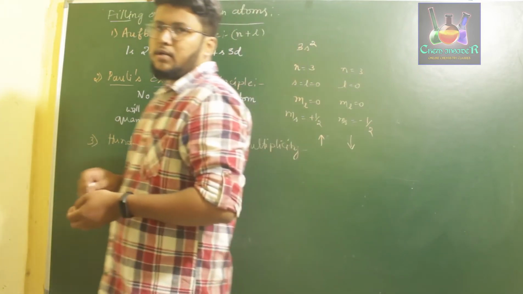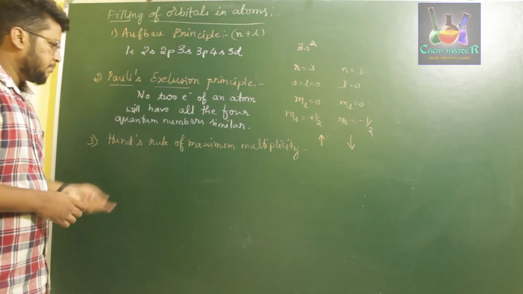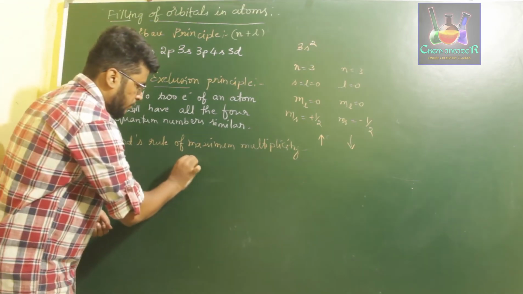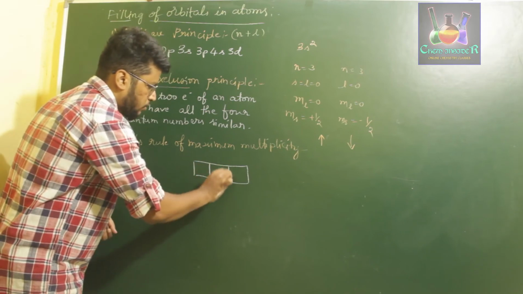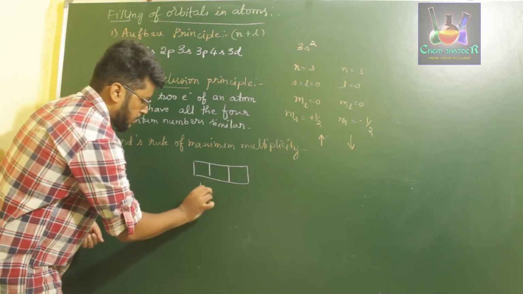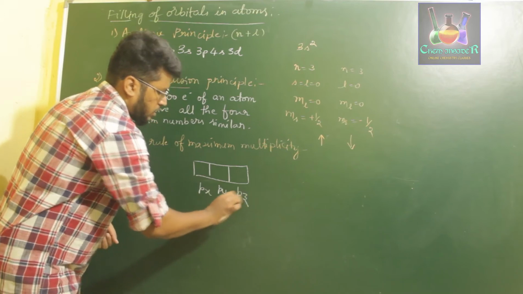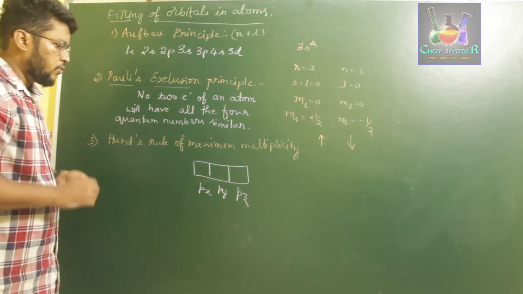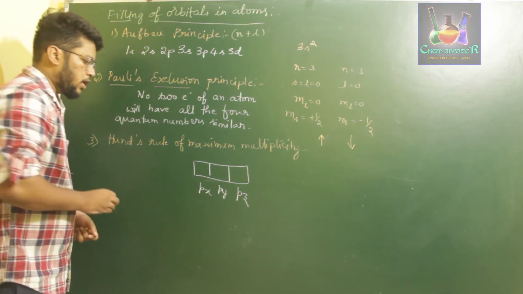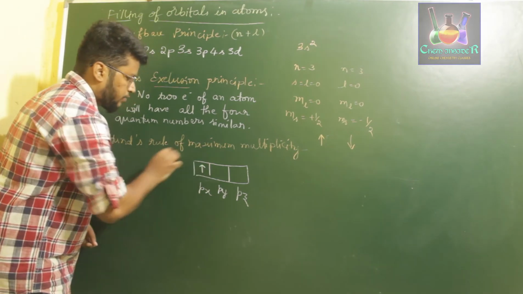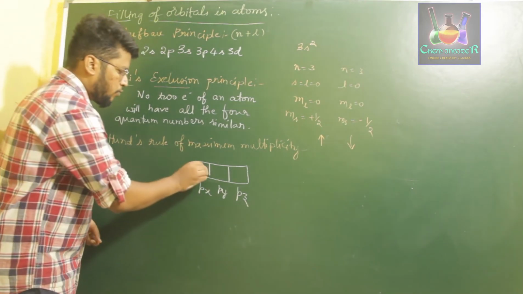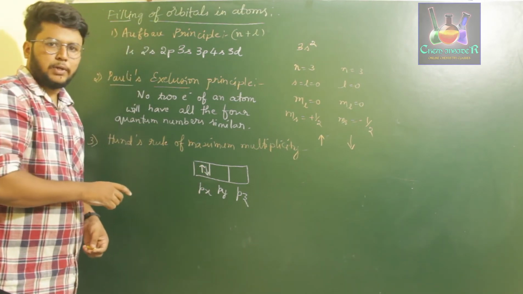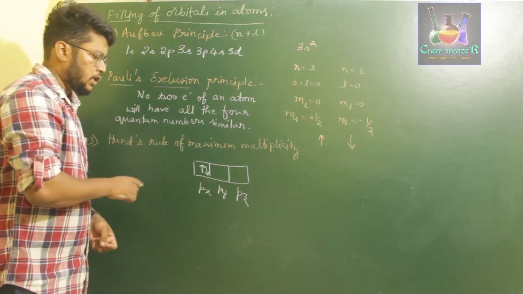That is, if you consider certain values of ml, the p orbital splits into 3: 1, 2, 3. So let us say px, py, pz. These are the three different orbitals of the p subshell. If you start filling the first electron with an upspin, the second electron which enters the p orbital should not get paired up with the first electron.